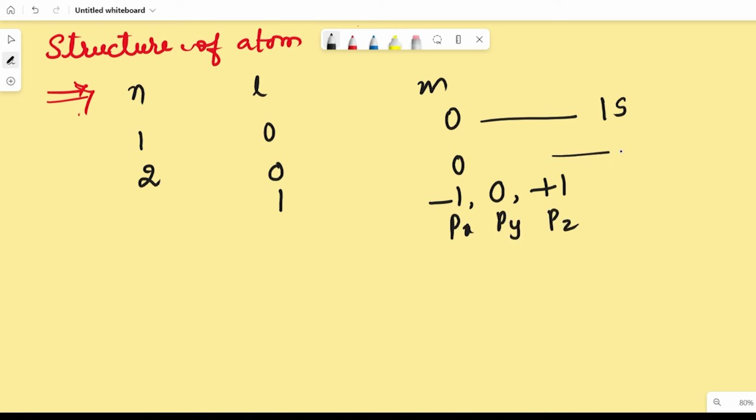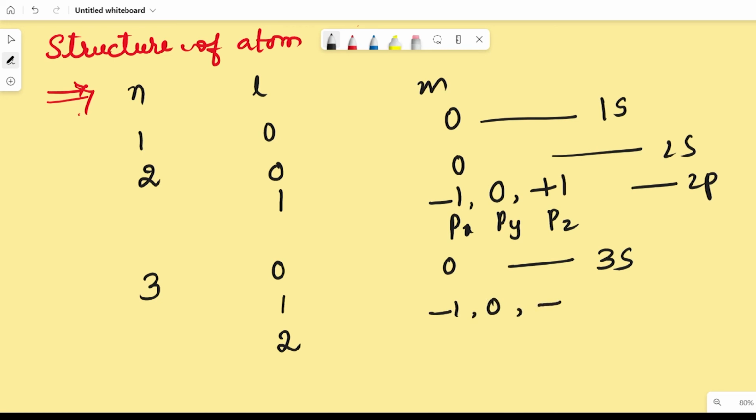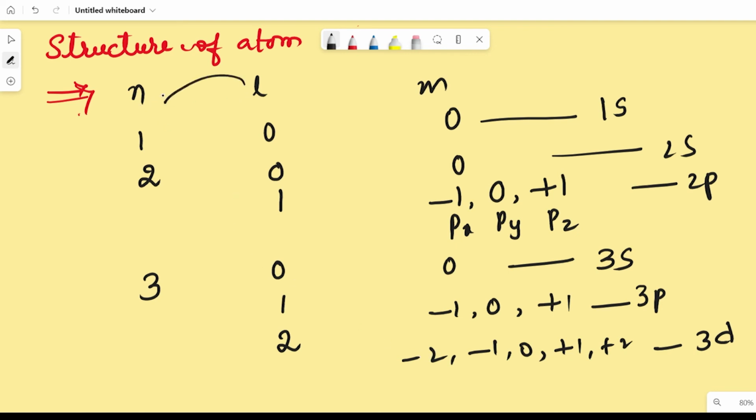Which means this is 2s and 2p. If n is equal to 3, l has three values 0, 1, 2, which means 0 is 3s, minus 1, 0, plus 1 is 3p, and minus 2, minus 1, 0, plus 1, plus 2 is 3d. So the values of l depend upon n and the values of m depend upon l. The spin quantum number has two values, plus half and minus half.